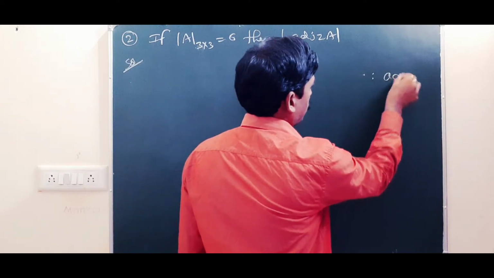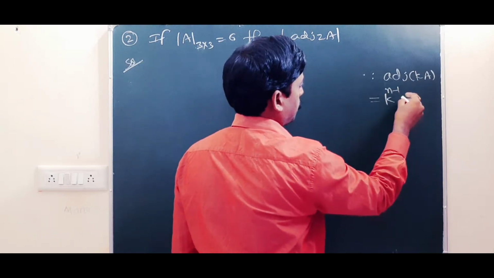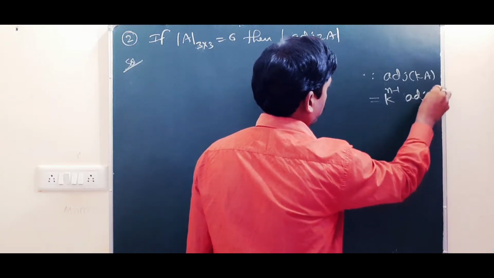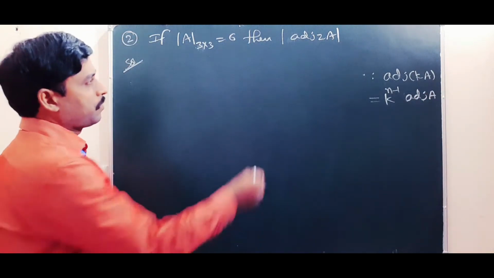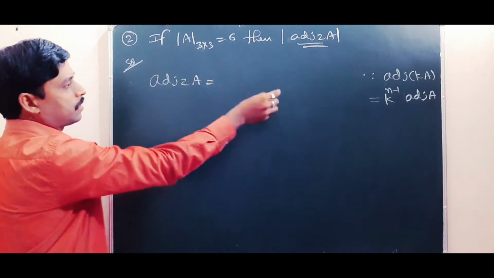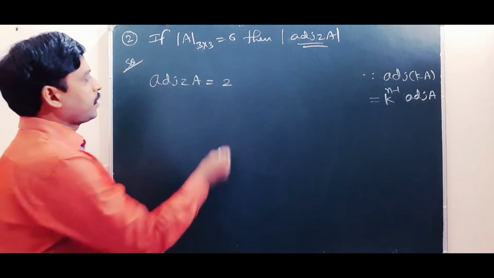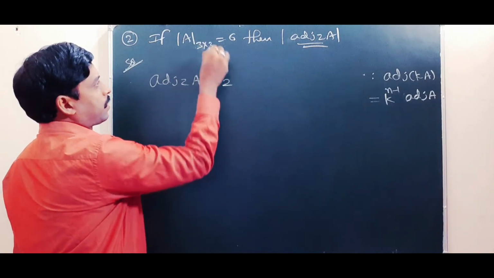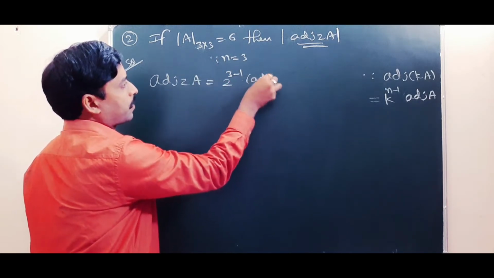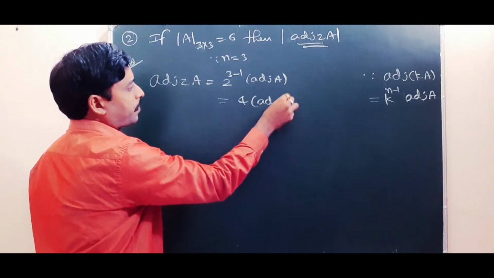We have the adjoint of kA, whose formula is k to the power n minus 1 into adjoint of A. First we find the adjoint of 2A. The constant k is 2, and n is 3, so 2 to the power 3 minus 1 into adjoint of A. That is 2 square, 4 times adjoint A.